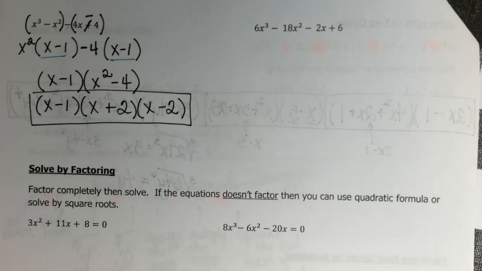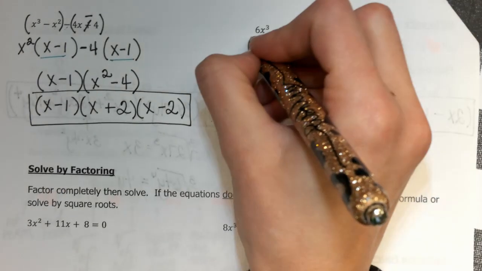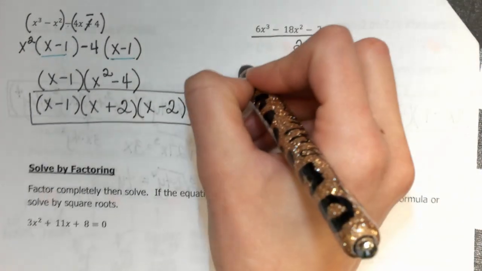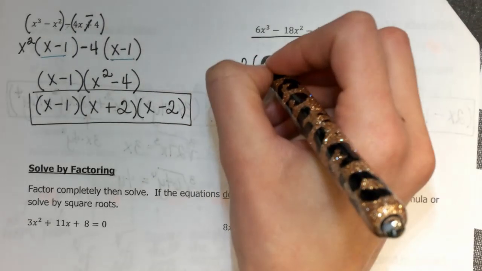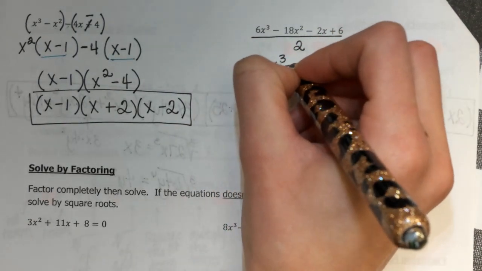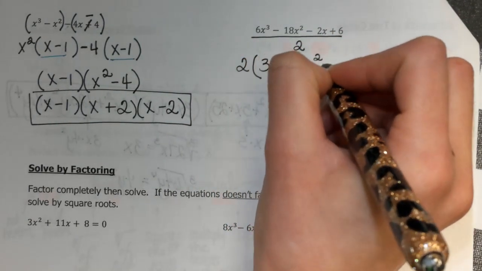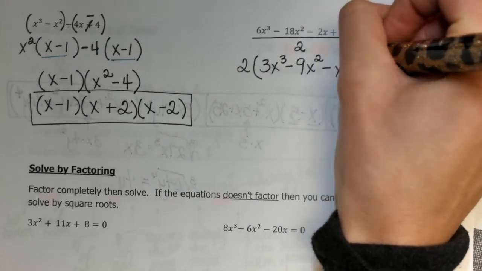All right, now with 6x cubed minus 18x squared minus 2x plus 6, do I have a GCF here? Yes. I can divide them all by 2. So I'm going to have 2 times 3x cubed minus 9x squared minus x plus 3.